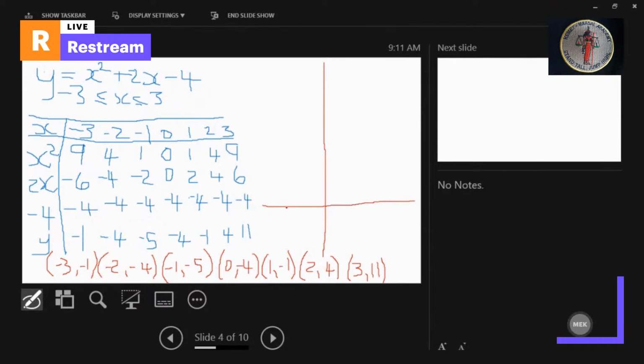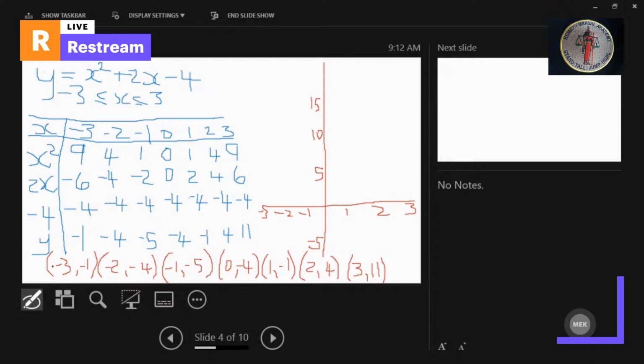For the x values, 1, 2, 3, and same over here, -1, -2, -3. We have some small negative numbers down to -5, so we can just put -5 and estimate for the others. This needs to go up to 11, so I can go by 5, 5, 10, 15, and I'll estimate 11.